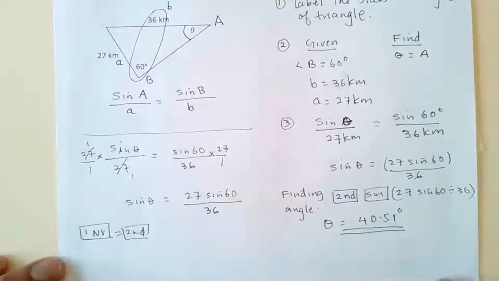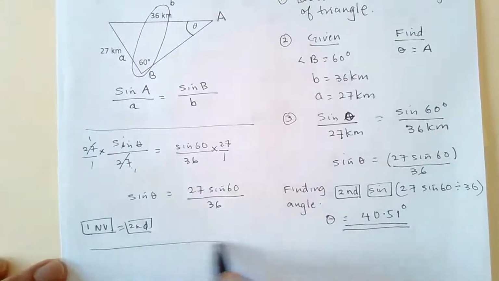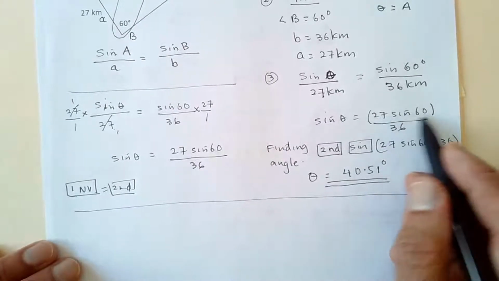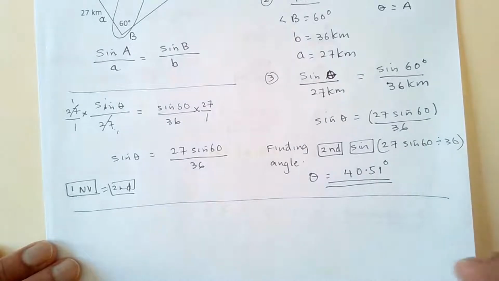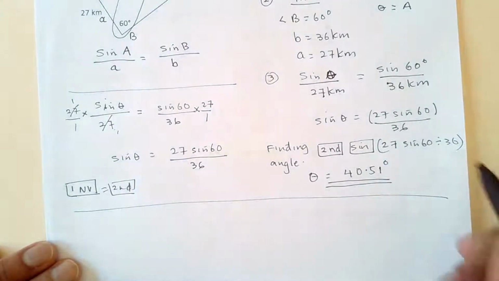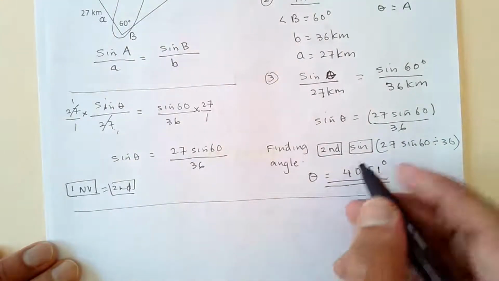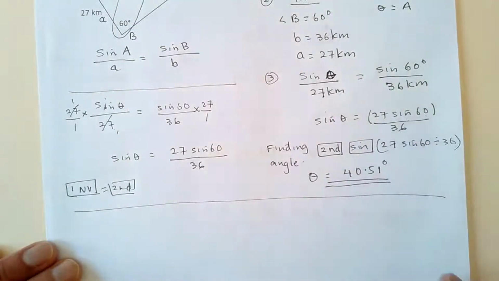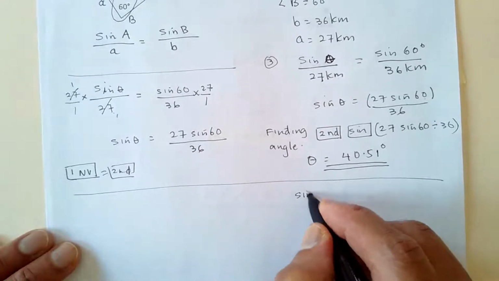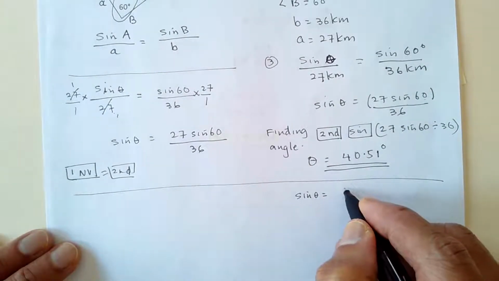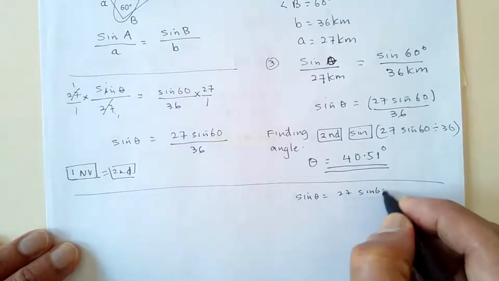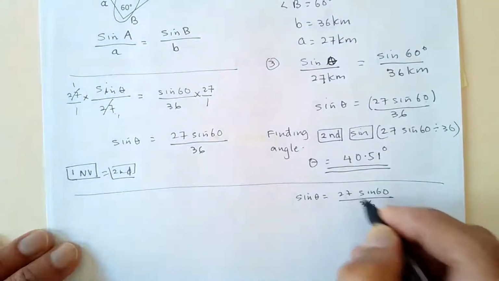Now, I just want to show you what if you were to do this separately. And in some calculators, you may not have the brackets there. So if you don't, this is what you'll have to do. You have to do these separately. So we have sine theta is now 27 sine 60 over 36.